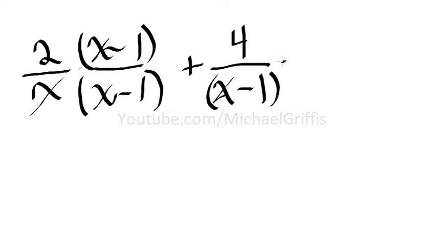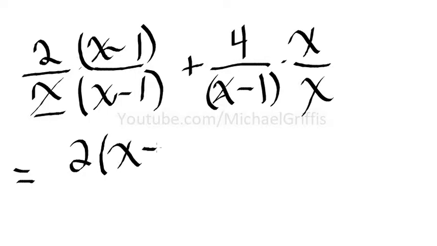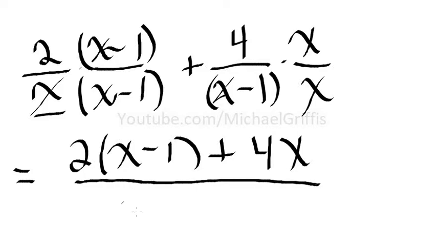All right, so we're going to look at this x here. We're going to write x over x. See that? Hope you do. Now we just add the top, so we end up with 2 times x minus 1 plus 4x, all over x times x minus 1.